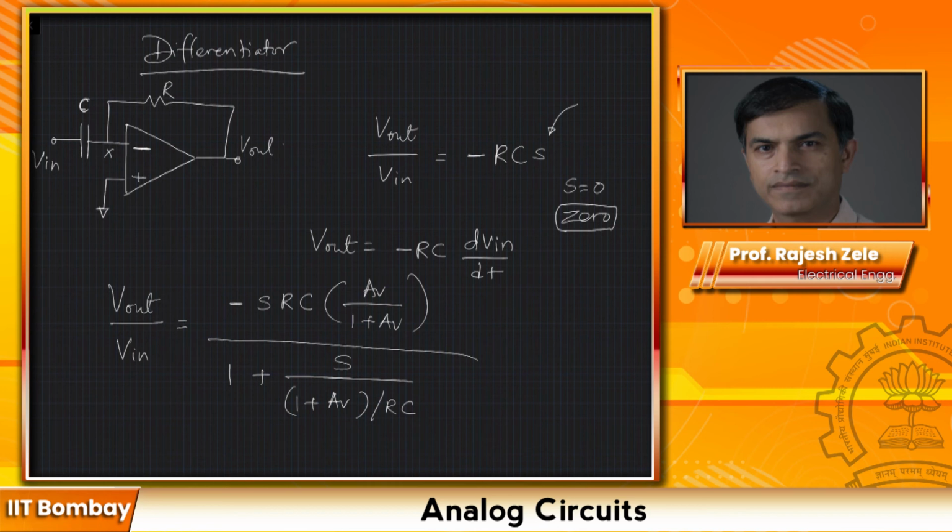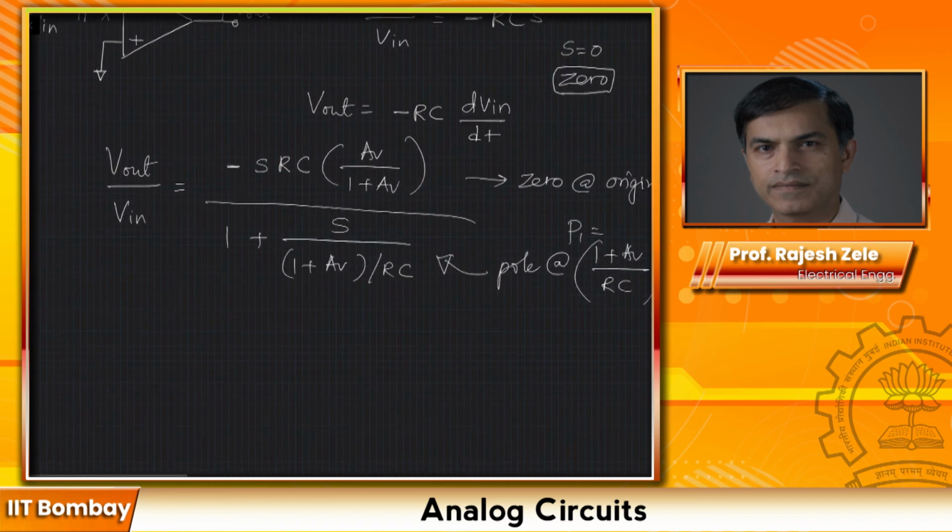So what does this slightly complex expression tell you? This is telling you that the 0 is still at the origin. However, there is a new pole introduced in this circuit, and that pole is at 1 plus AV divided by RC. That's the pole location, P1, in this case.